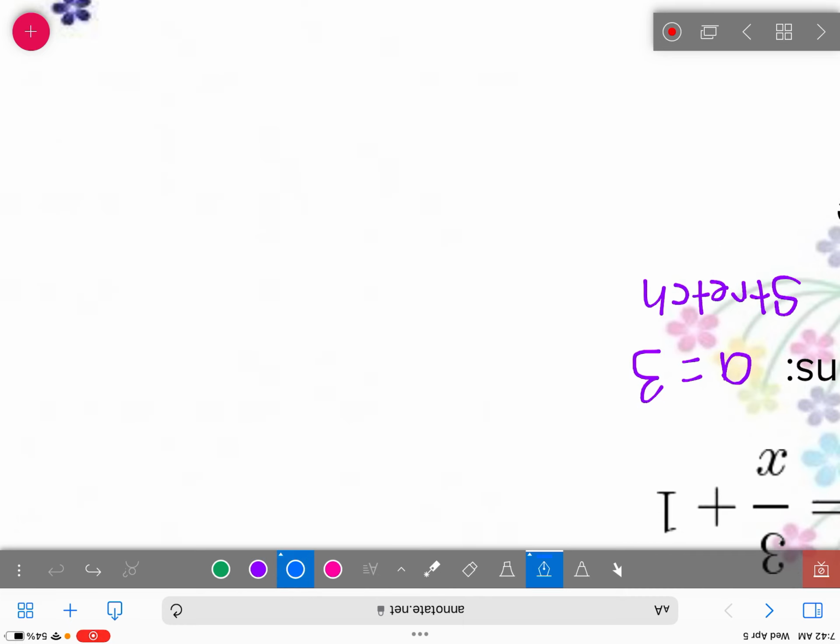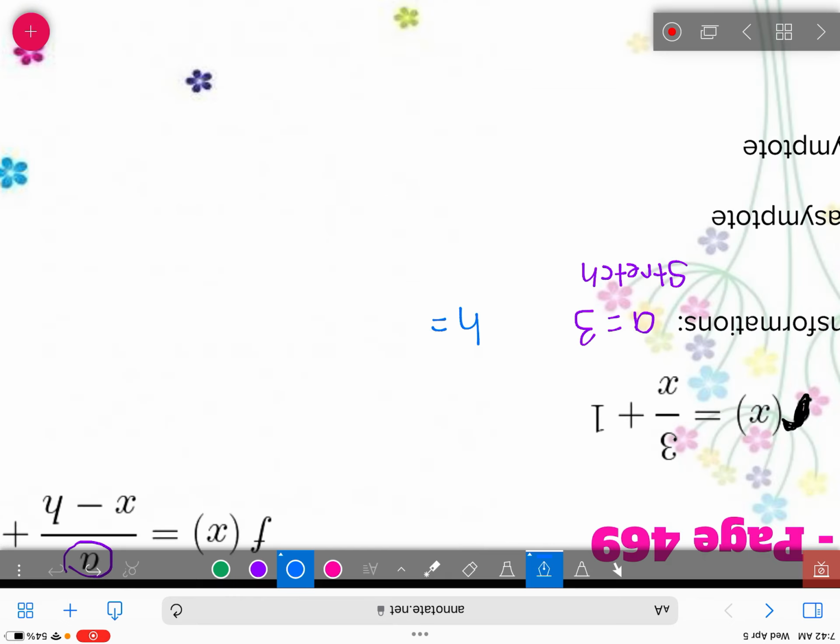What's our h value? What's in the denominator with the x? Or when does my denominator equal 0? When does my denominator equal 0 here? When x is what? What is subtracted from my x, my denominator?